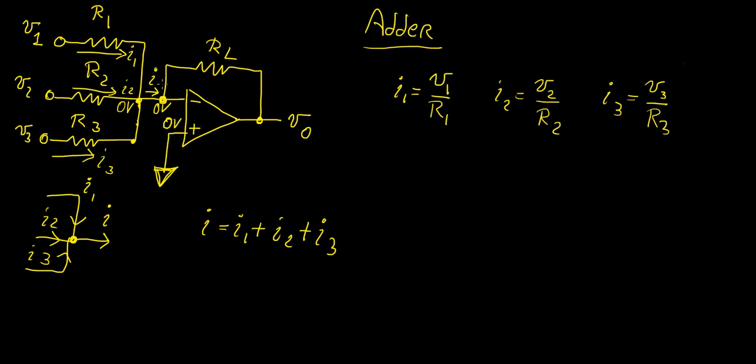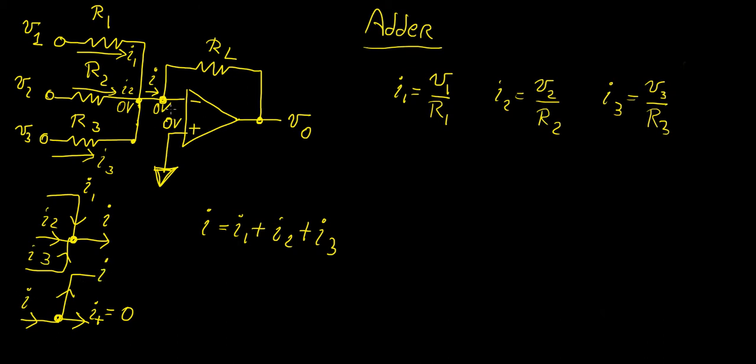Now the next thing is, at this other node, we're going to have I coming in. We have a connection to a terminal, but the ideal op-amp rule says that the op-amp does not draw any current. So any current coming into the terminal is going to be 0, which means that whatever current comes out into the load resistance, or RL in this case, is also going to be equal to that.